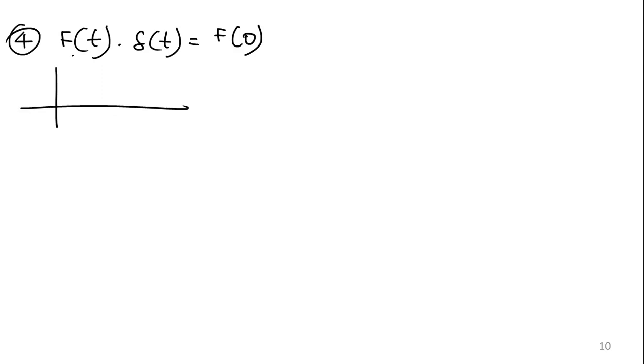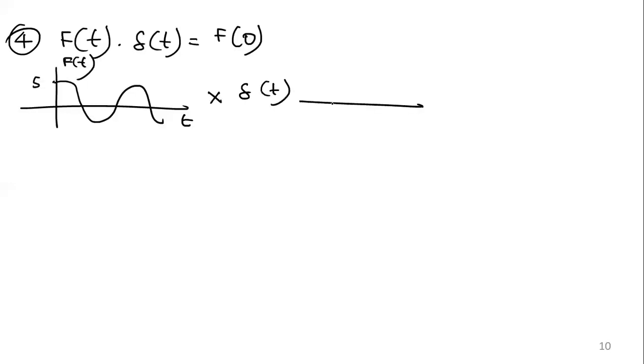So this is t and this is f of t, and let this be a signal here, and that is being multiplied with delta of t. So you know what is delta of t. Delta of t is a signal like this. I'm not taking a different color every time, it's time consuming. I will use the same color. You understand this.